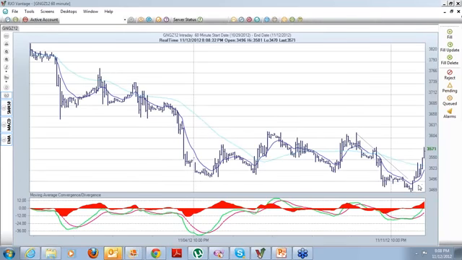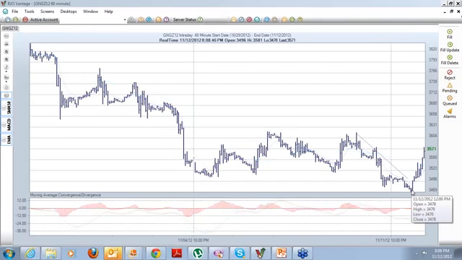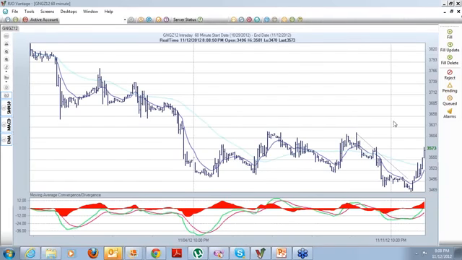Your risk is from the high of this bar to a couple of ticks below this point. It's a low risk bet. What we're looking for are low risk bets to identify a possible change in trend.